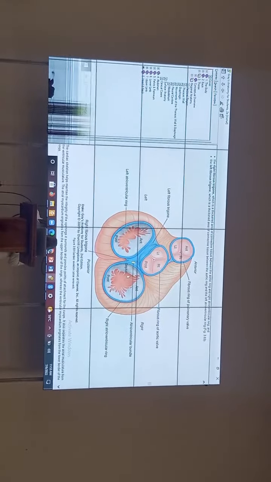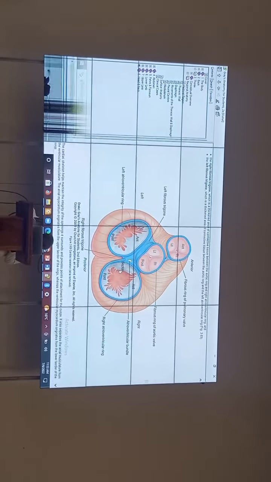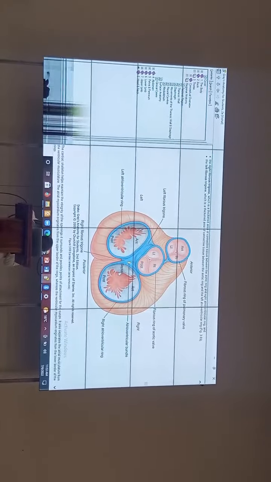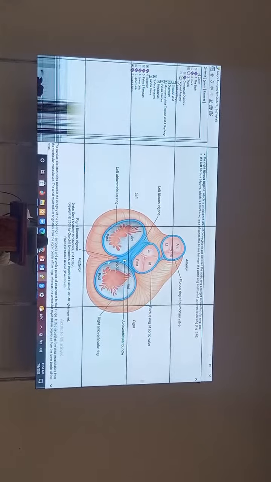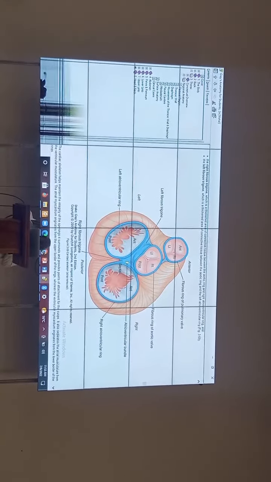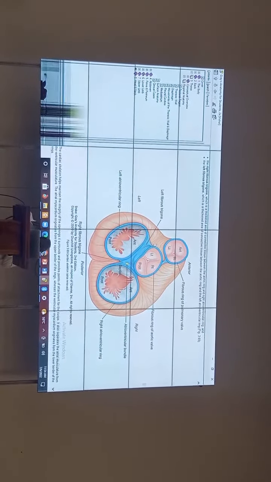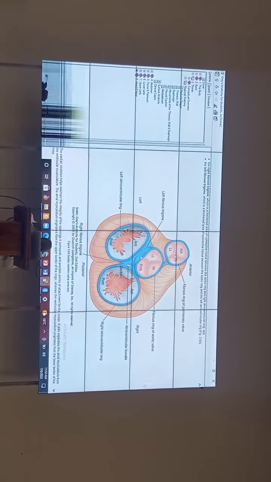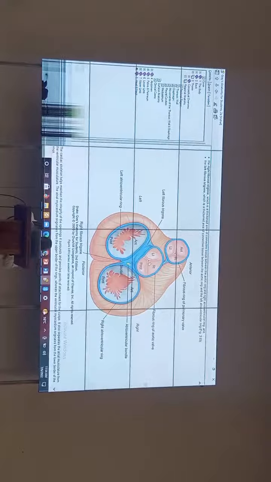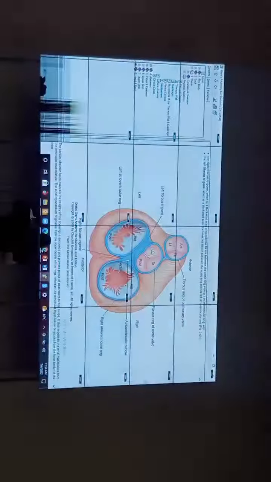So where are the atria here? If I say that this was cut at the level of the valves, already the valves that we talked about, and I'm sure we looked at all these valves.